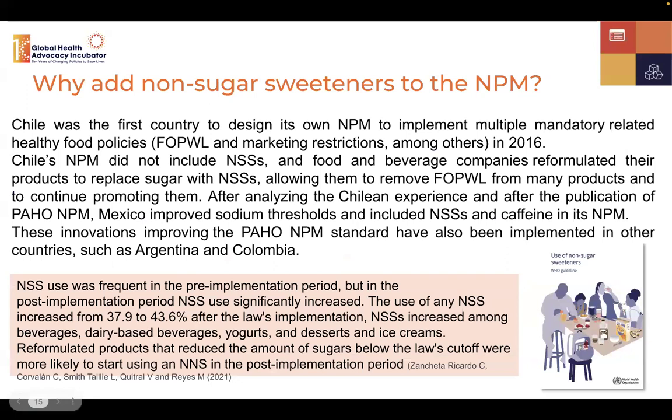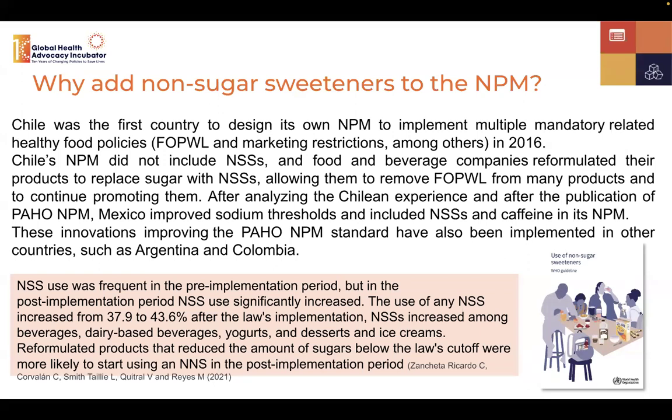And another important point: why did we add non-sugar sweeteners to the nutrient profile model? There are different studies and research, and we learned from the experience of Chile. Chile was the first country to design a nutrient profile model and implement a mandatory healthy food policy, and it was really important at that moment. But Chile didn't include non-sugar sweeteners, and the industry reformulated their products, replacing sugar with non-sugar sweeteners.